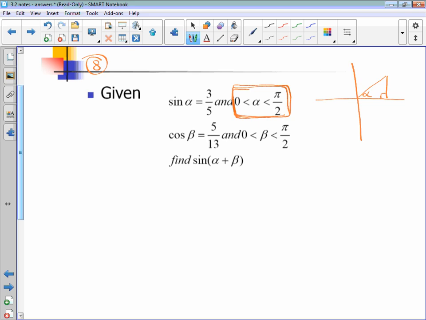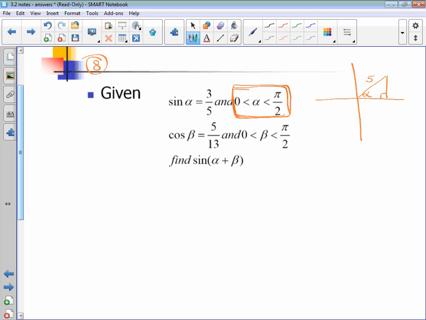This is alpha. That's the angle I'm looking at. And I know the sine of alpha is 3 over 5. So what does that tell me about my triangle? Where do those numbers go? Sine's opposite over hypotenuse, right? So 5 is my hypotenuse.